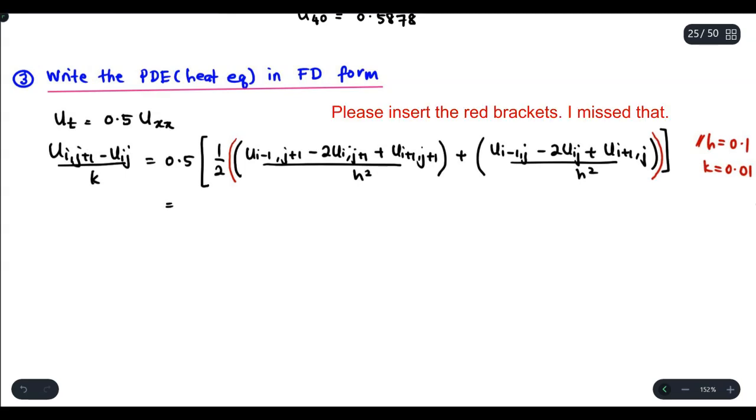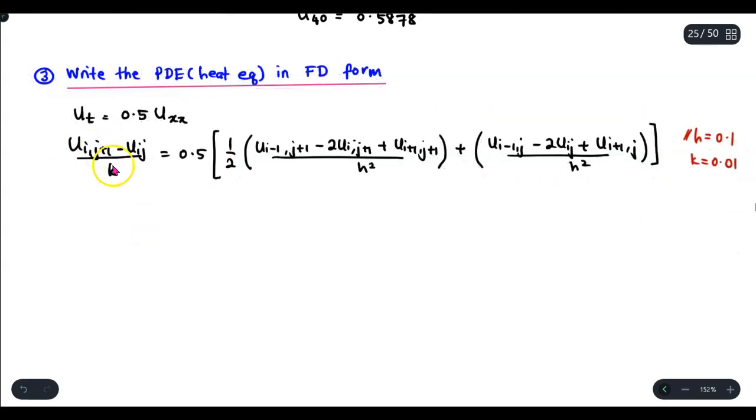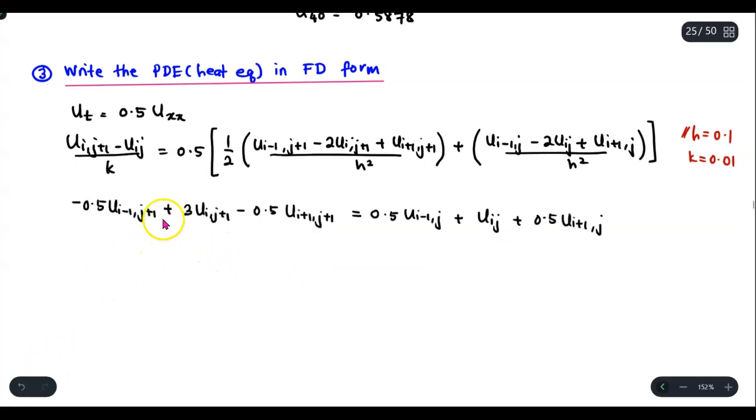Again, the idea is to write all terms that involve level j plus 1 on the left side, and terms that involve only j on the right hand side. Then we have this kind of expression. So try to rearrange your terms. Again, the rule is to put terms with j plus 1 at the left side, and terms with j only at the right hand side.